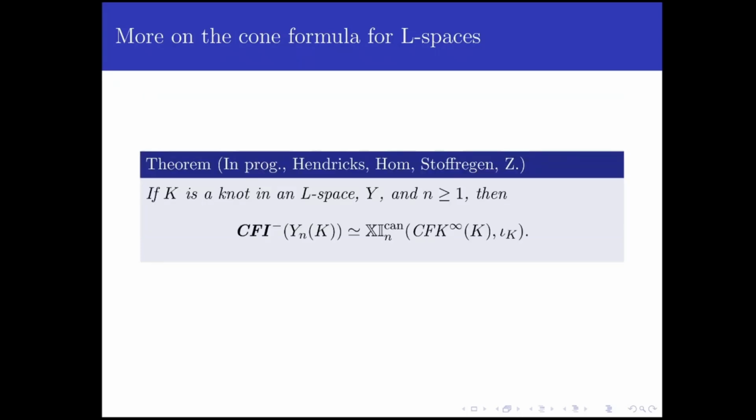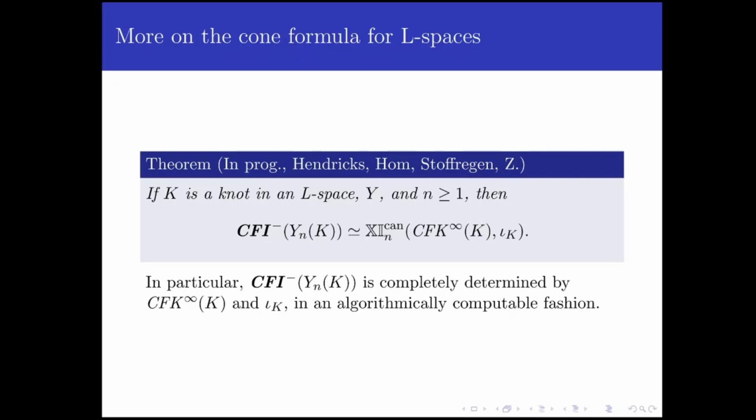And what we proved, the strong mapping cone formula, is that if I have a knot in an L space Y, basically a knot in S3, and I have a positive integral surgery coefficient, then CFI minus of the n surgery of K is homotopy equivalent to this canonical model of the cone we built.